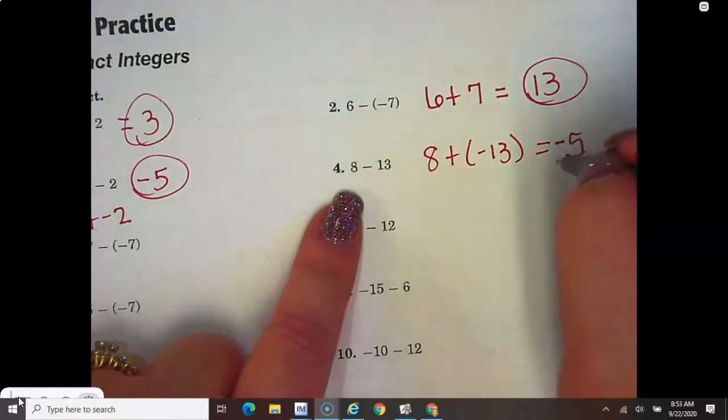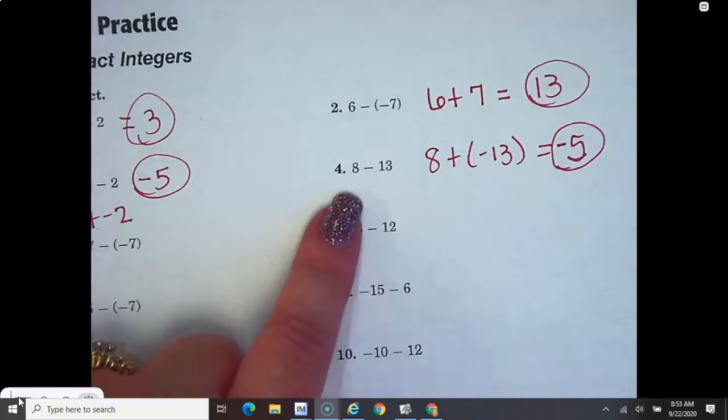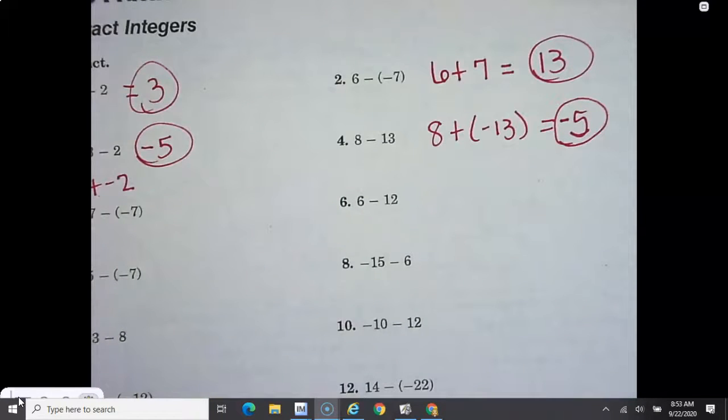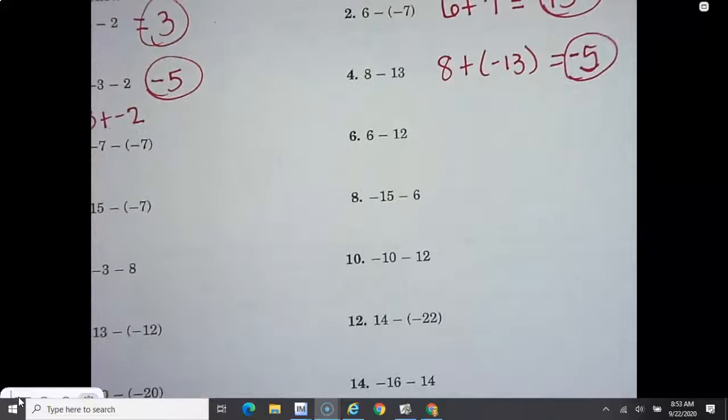Everybody okay with that? They're kind of fun. Do you see how they just build on the adding integers that we did? I think you can do the rest of those.